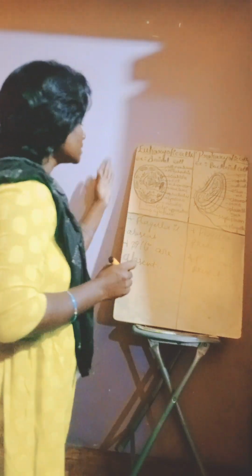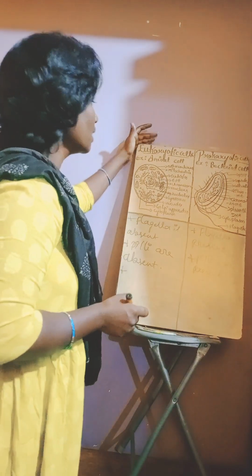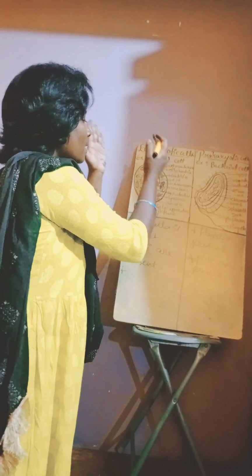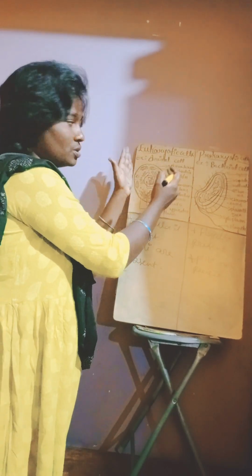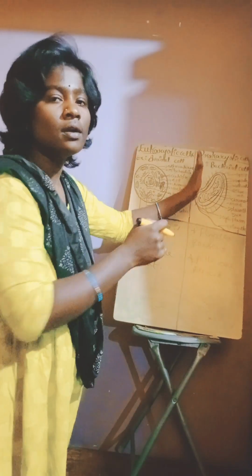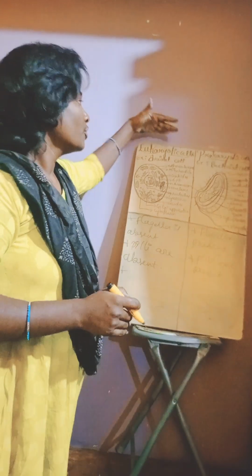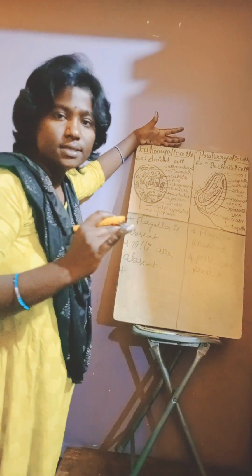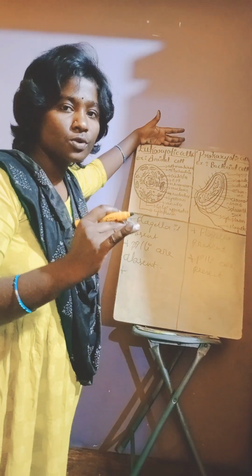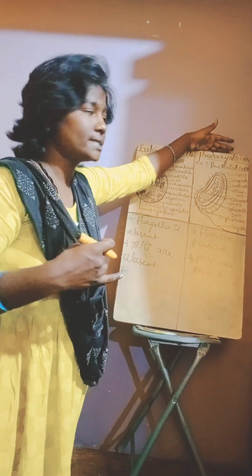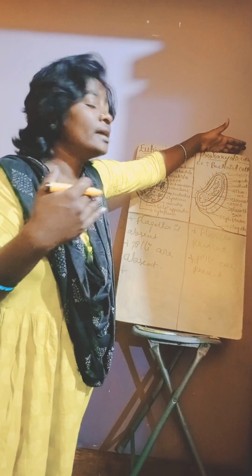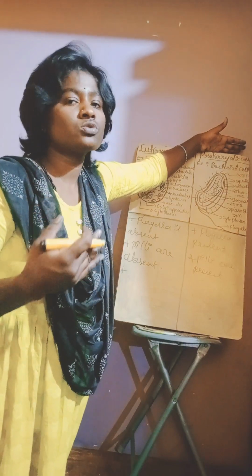Final point is, almost all eukaryotic cells are macroscopic in nature, and all the prokaryotic cells are microscopic in nature. If we consider the organisms, all eukaryotic organisms are multicellular and macroscopic in nature, whereas prokaryotic organisms like bacteria, archaea and all are unicellular and microscopic in nature.